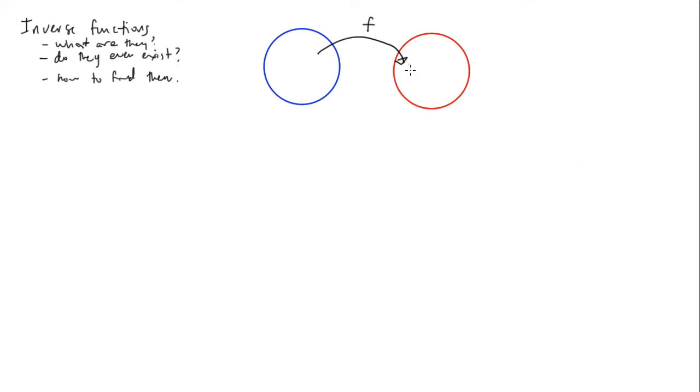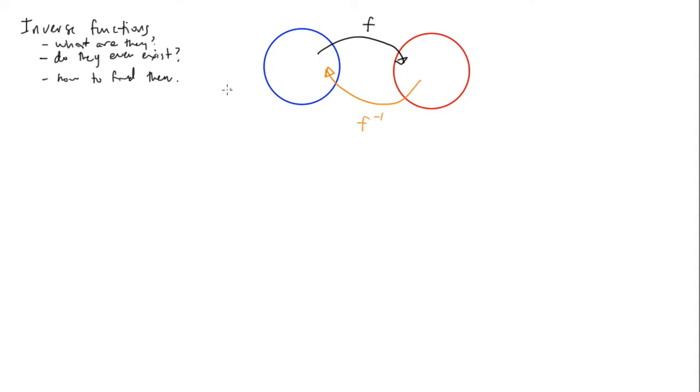If there's such a function that goes from the red set back into the blue set, we'll call that function f inverse, and we denote it f to the minus 1. So that's what we're looking for here.